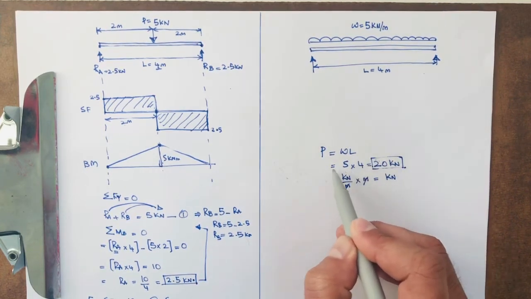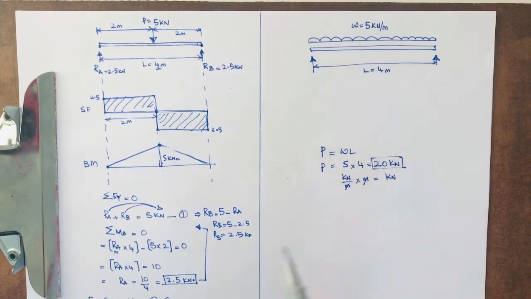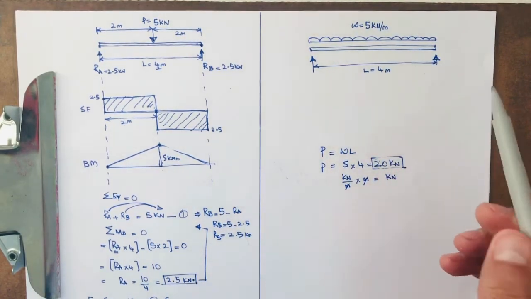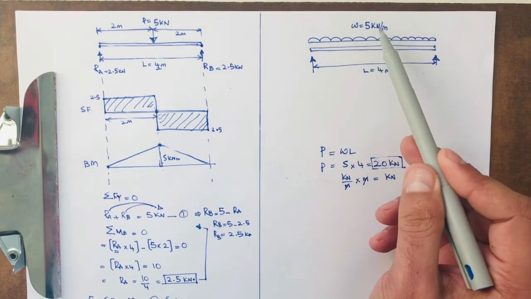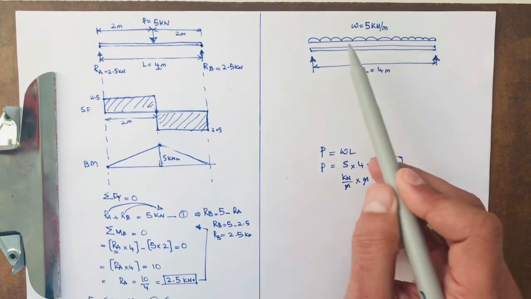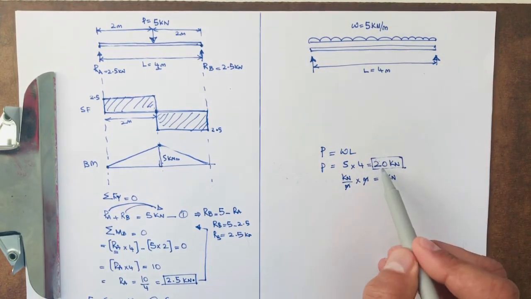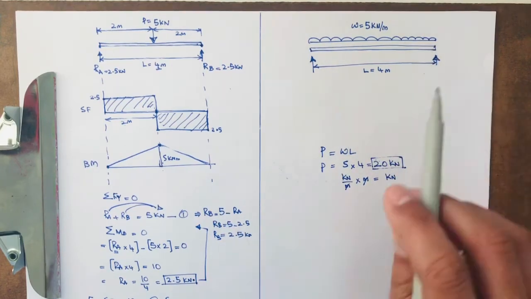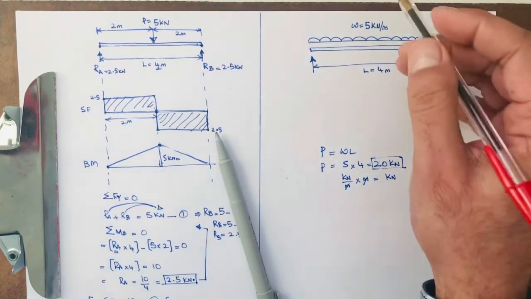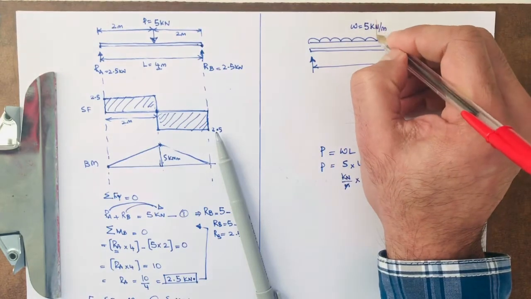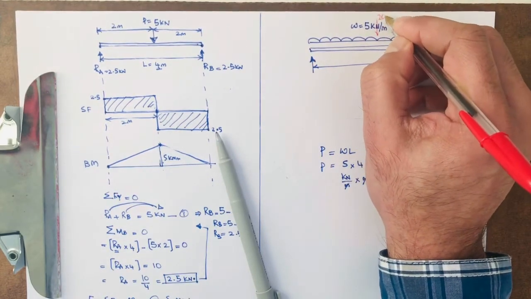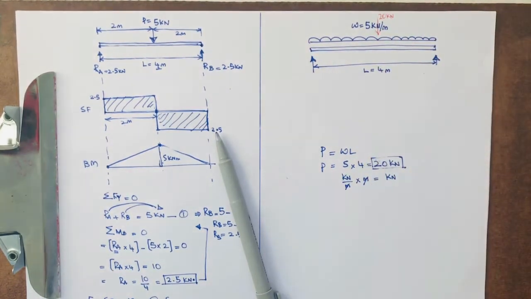Now you have the 20 kilonewton load instead of the W of 5 kilonewton per meter, the UDL. We have converted that to a 20 kilonewton concentrated load, acting as if in the middle of the beam. So instead of that, we can use 20 kilonewton.